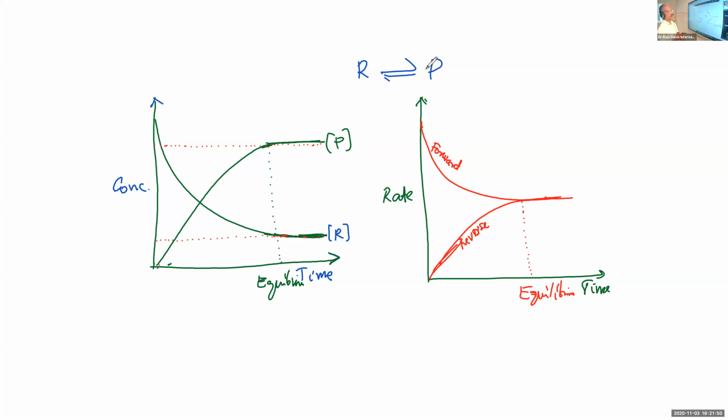Finally, at a certain point, the rates of the forward and backward reactions become the same, and that is the equilibrium point. At that point, the concentrations of the reactants and the products remain unchanged. It does not mean that the values are equal.